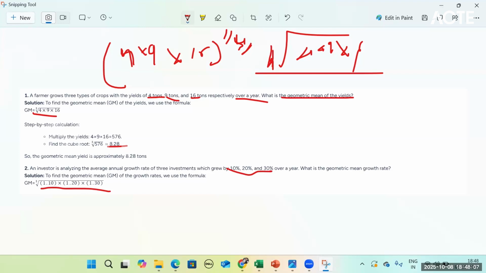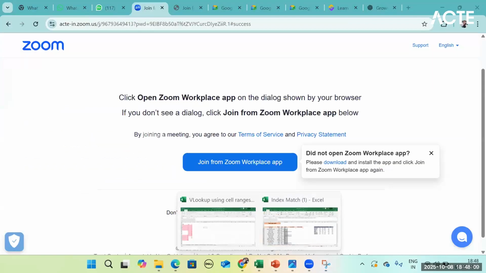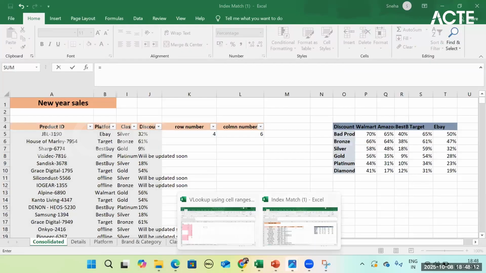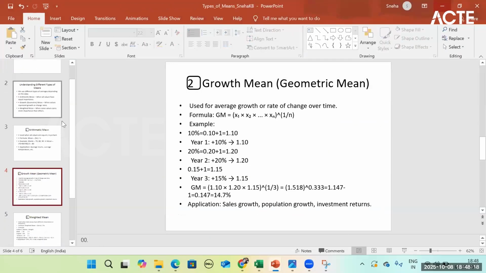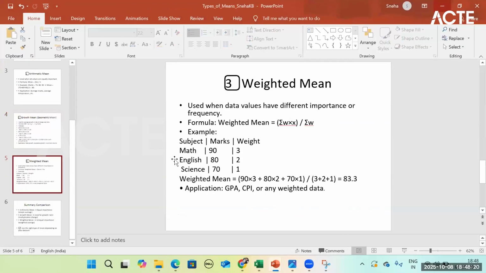Yes, ma'am. Then we have one more mean, which I will take up as well. This is growth mean, and then we have something called weighted mean. What is weighted mean? Each value carries a weight. For example, in your final result you have 2 minor exams and 1 major exam.